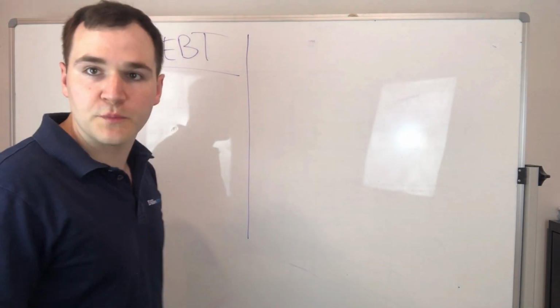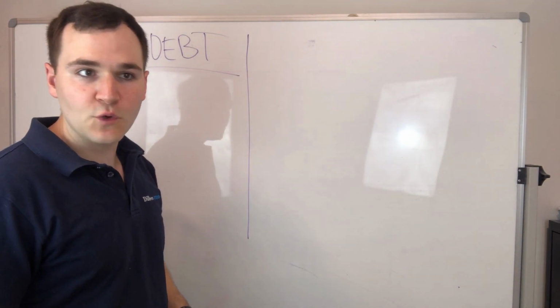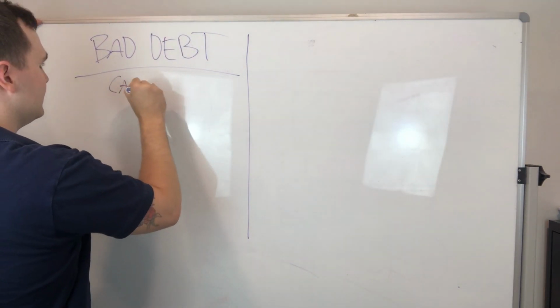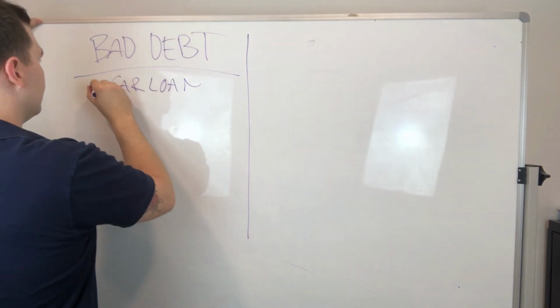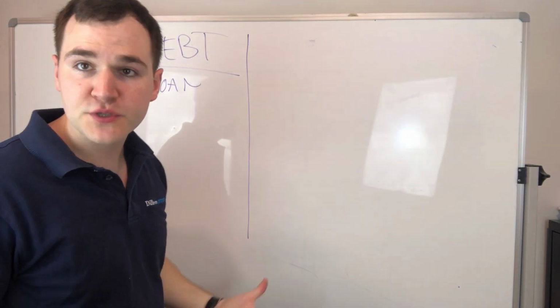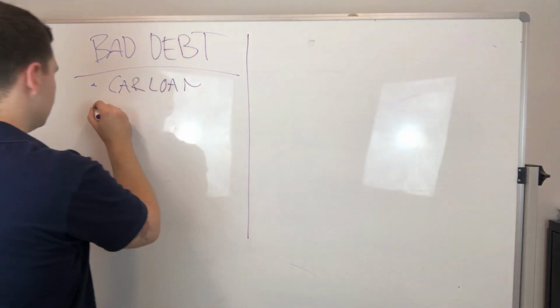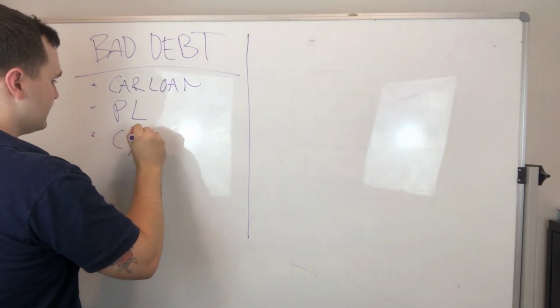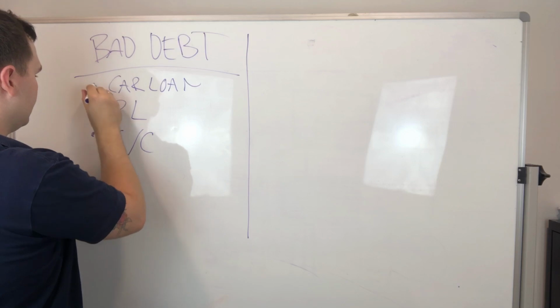So bad debt would be, as an example, a car loan. Another example could be a personal loan or a credit card. I'll just put PL for personal loan, and credit card for credit card.